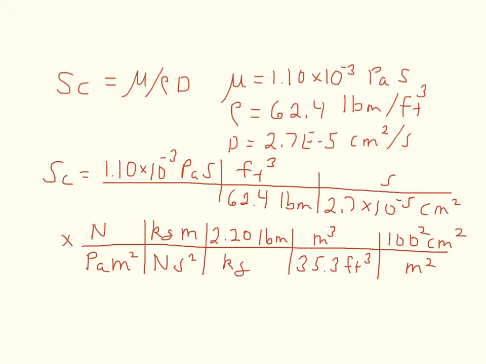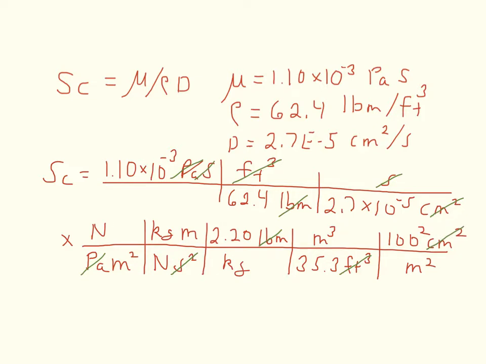So let's go ahead and cancel units, starting with pascals. The seconds, let's see, we have seconds squared here, and we have a second here and a second there. Cubic feet cancels out with the cubic feet here. Pound mass cancels with this. Centimeters squared cancels out with this square centimeter.